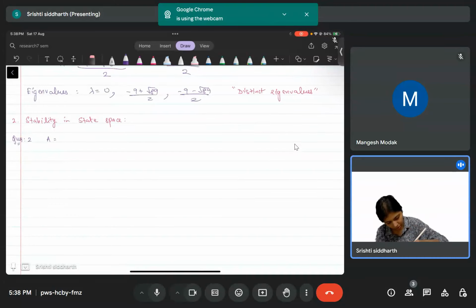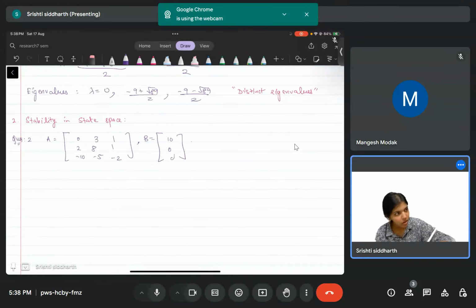I'm going to write down the matrices for it. The A matrix is 0, 3, 1, 2, 8, 1, minus 10, minus 5, and minus 2. Similarly, we have B, which is 1, 0, 1.